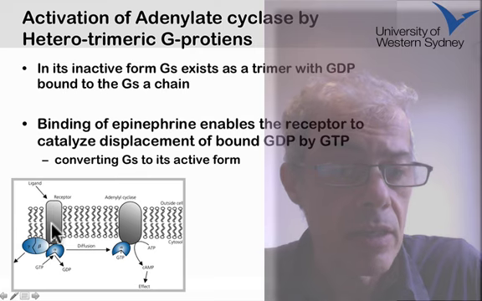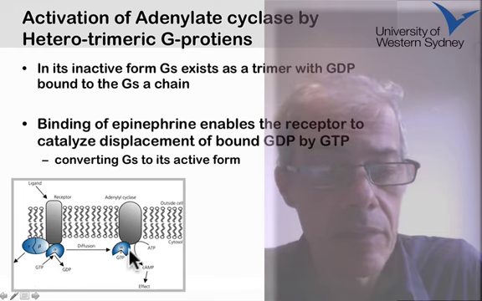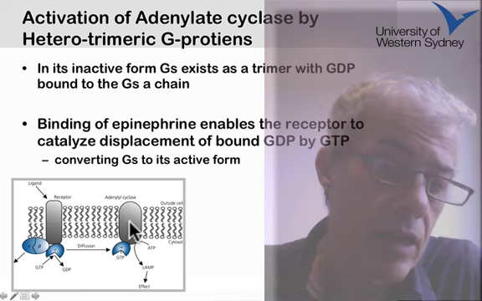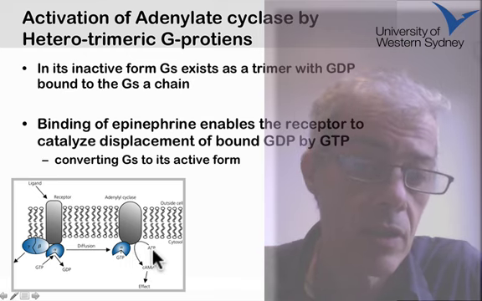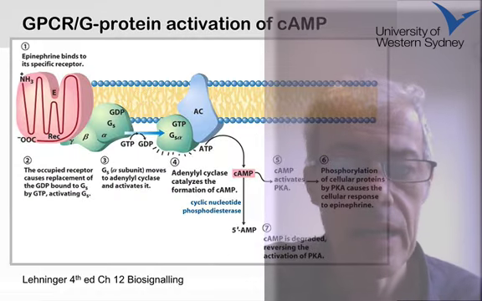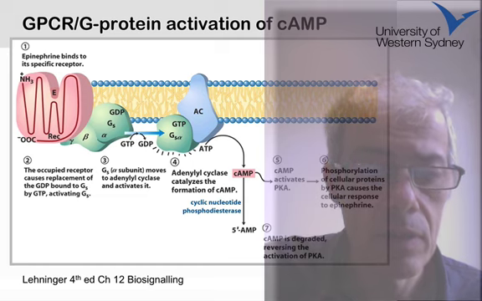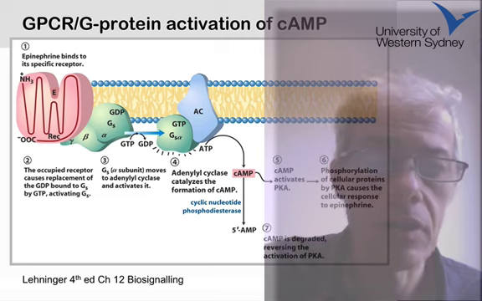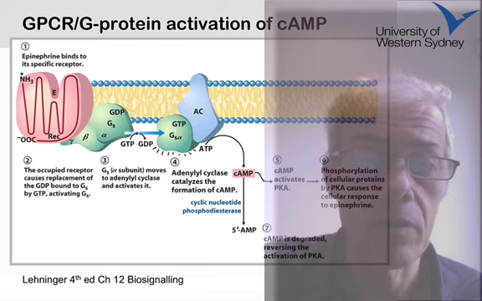The ligand binding to the receptor causes GDP to be exchanged for GTP, and then the activated alpha subunit with GTP can interact with adenyl cyclase, which becomes active, and its function is to convert ATP to cyclic AMP. Again, this information is well summarized in the Lehninger textbook, so if you look at the chapter on biosignaling in Lehninger, you'll see a nice pathway diagram describing what I've just explained.